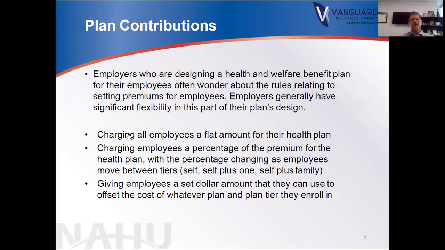They've given the employees the flexibility that if they choose a plan that falls below their contribution, they can take those dollars and use them towards other ancillary coverages like dental and vision. So it helps the employer provide a really attractive package to the employees, but also stay within a budget because they're not exceeding that $8,000 cap, which they've put in their budget.